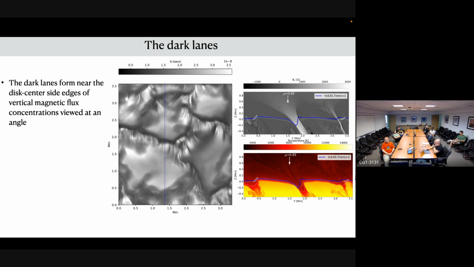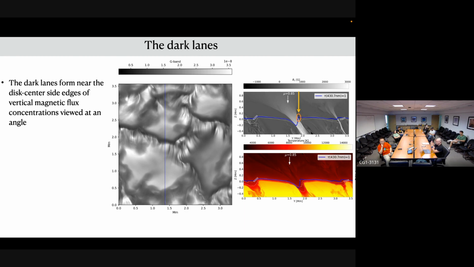Okay, now for dark lanes, if the line of sight is close to the magnetic flux tube, but does not pass through the magnetic flux tube, then the tau equal 1 layer forms at the same height as the neighboring granular top, but it feels the lower temperature. Okay, so it could fall on the magnetic flux tube or a little bit inside the magnetic flux tube where the temperature is lower.